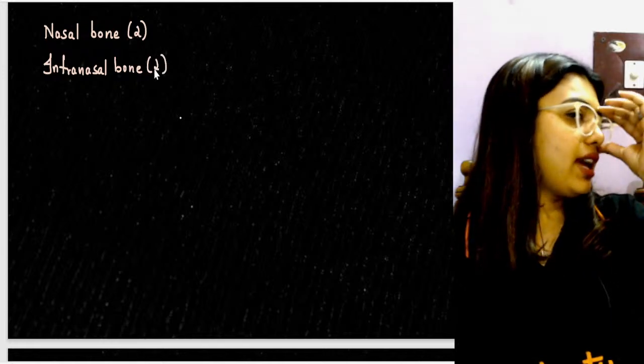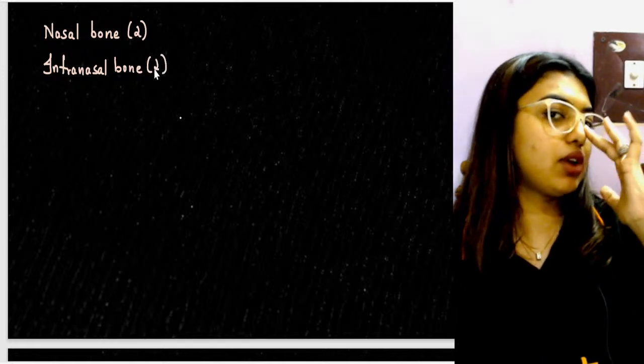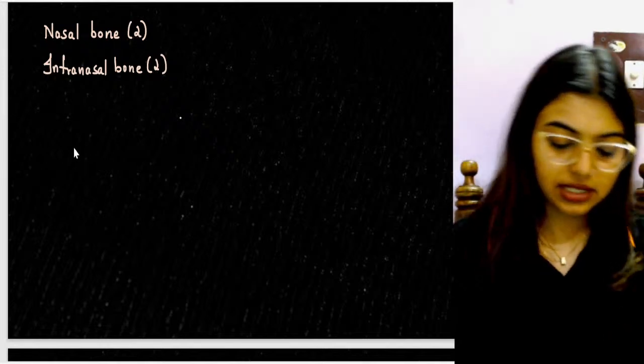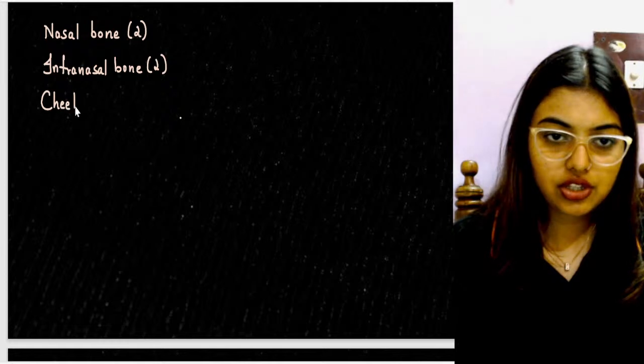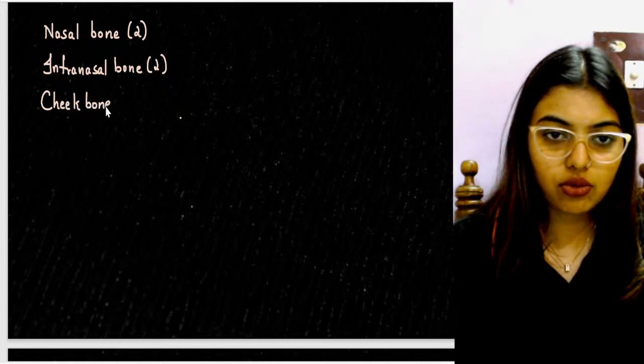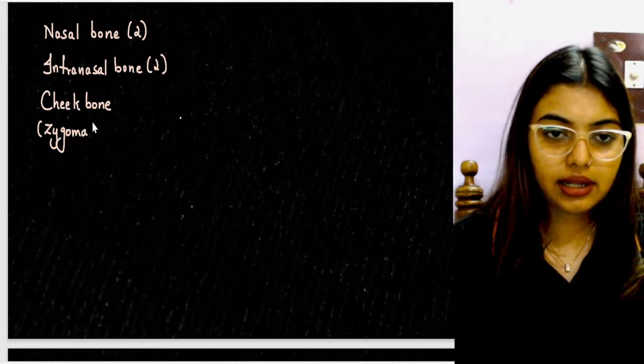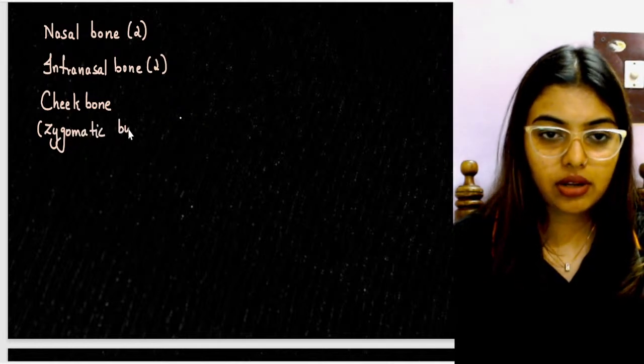So where I'm keeping the specs, there you have your nasal bones. Then you have infranasal bone. Then you have your cheekbone, which is called the zygomatic bone. Zygomatic bone, two of them.